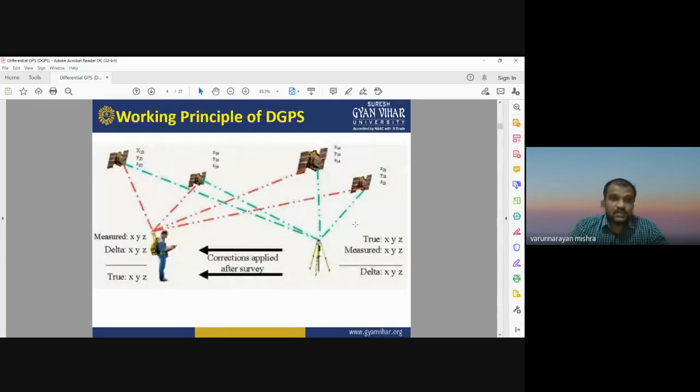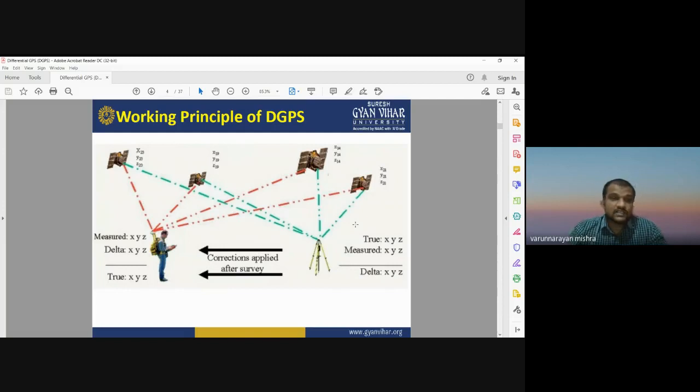This is the working principle of DGPS. You can see here there are two GPS receivers. One GPS receiver is fixed at a known location, that is the base station, and another GPS receiver is used to roam around the study area, visiting the entire study area. That is known as the rover GPS receiver. Both GPS receivers receive signals coming from at least 4 satellites.